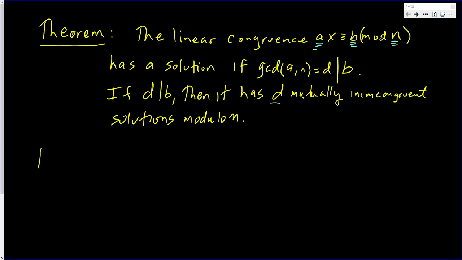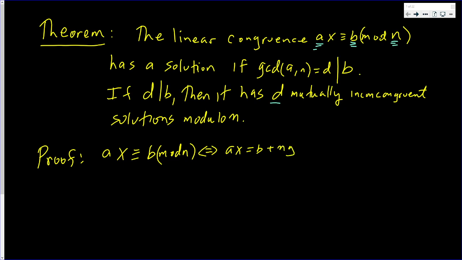Okay, proof. We basically proved this already. ax is congruent to b mod n if and only if ax is equal to b plus, say, ny.